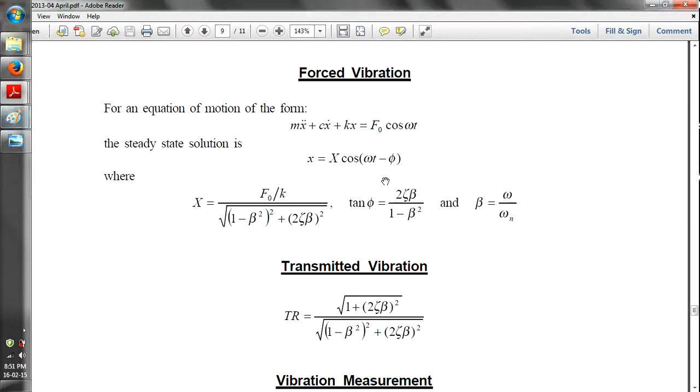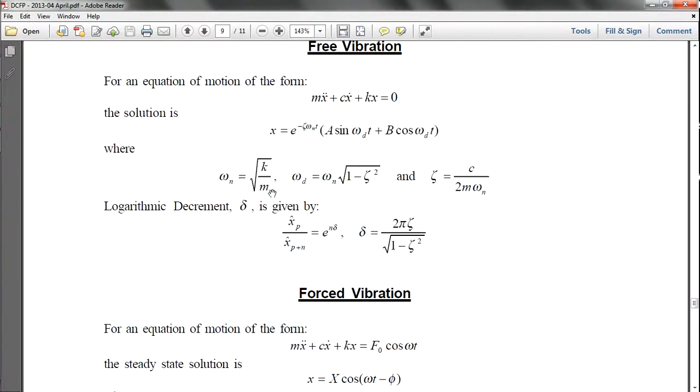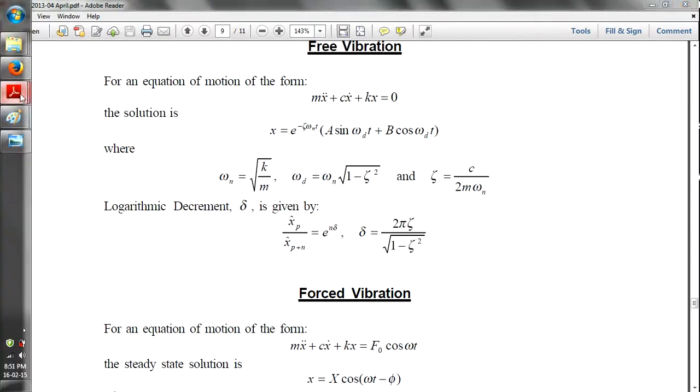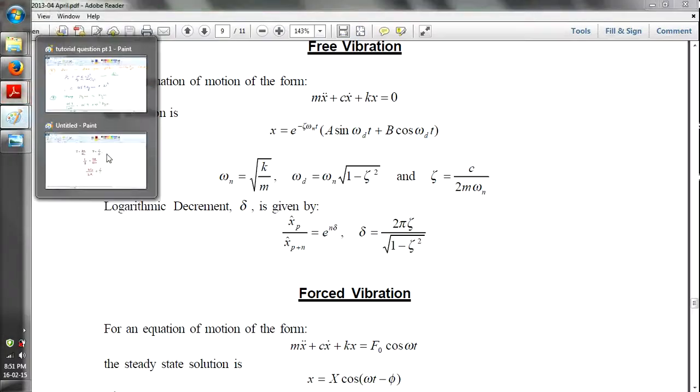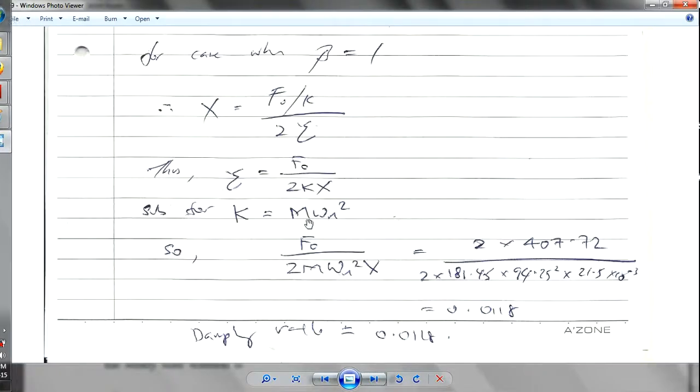But we know our natural frequency and we know our mass, so we can straight away sub in. We have the mass of the structure times omega n squared, the natural frequency squared, as k. So we just sub it in over here, because this is the denominator.